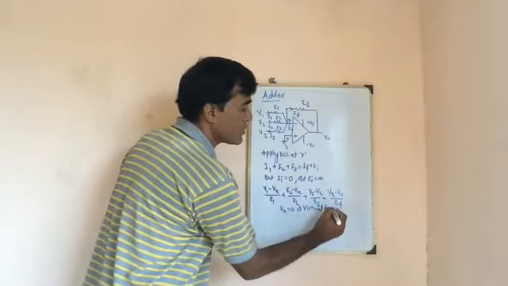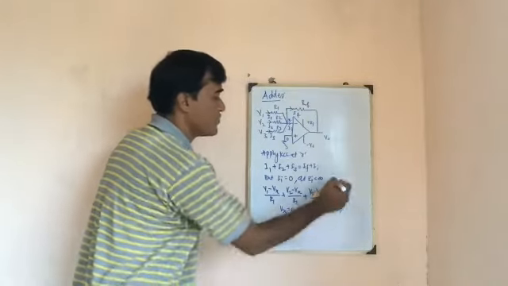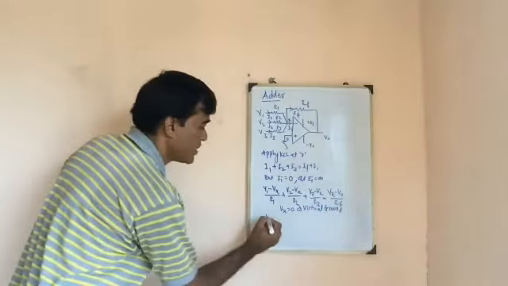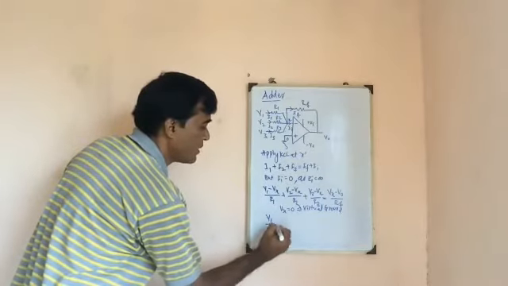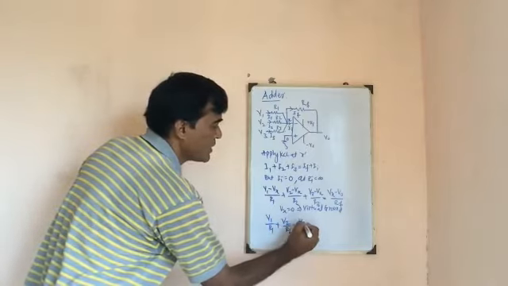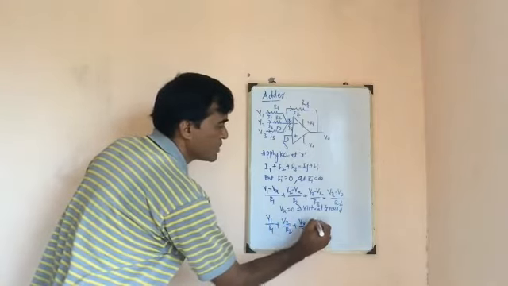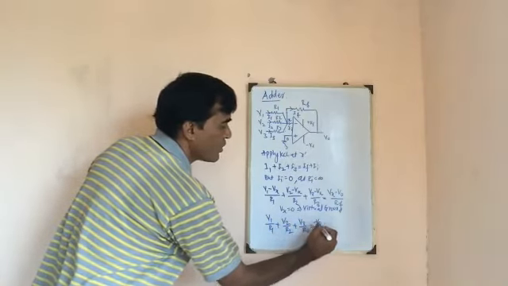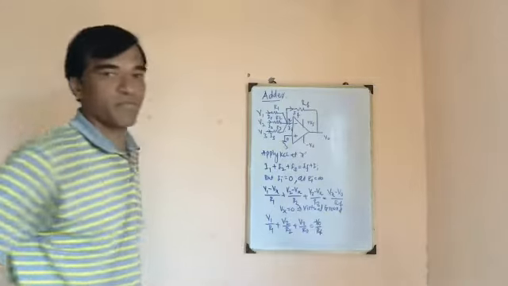Substituting Vx equal to 0 in this expression, we will get V1 by R1 plus V2 by R2 plus V3 by R3, which is equal to minus V0 divided by RF.